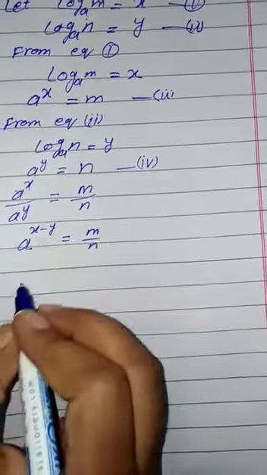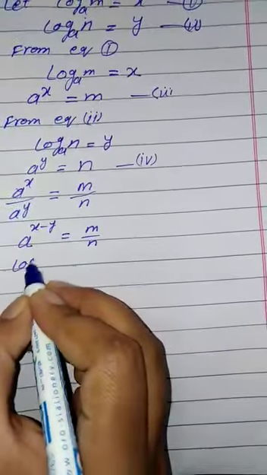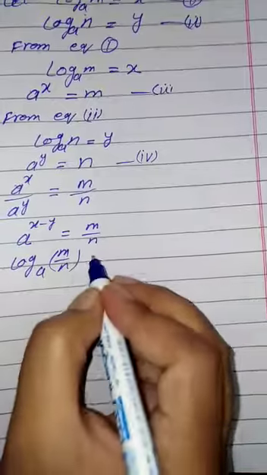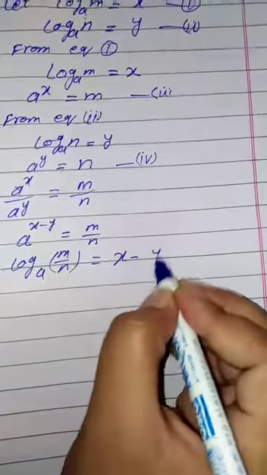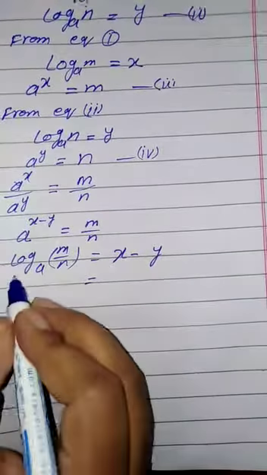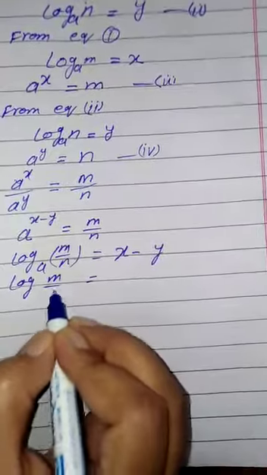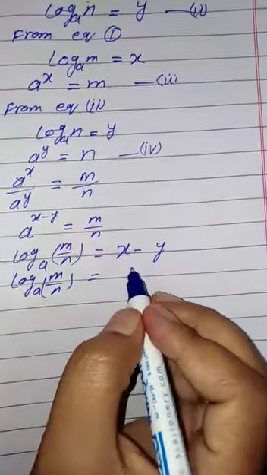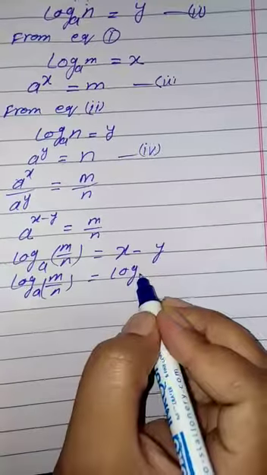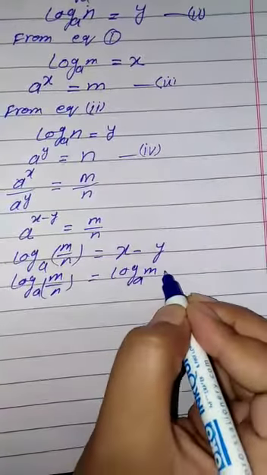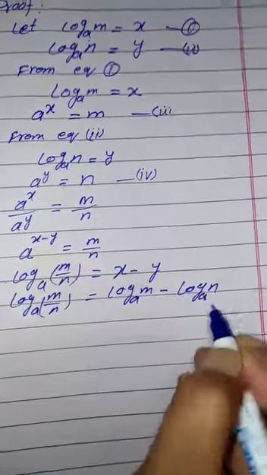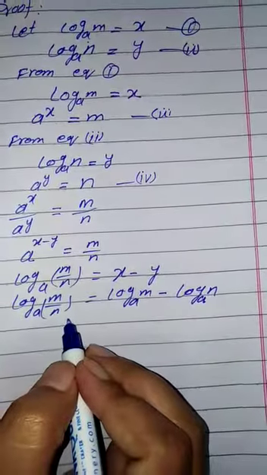Write in logarithm form. Log m over n with base a is equals to x minus y. What is the value of x? The value of x is log m with base a minus log n with base a. This is our second law of logarithm.